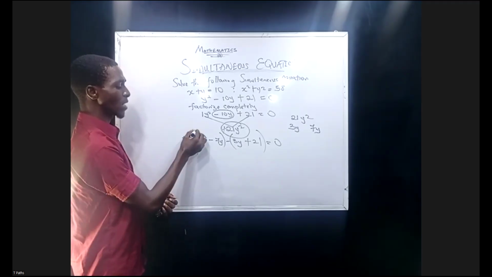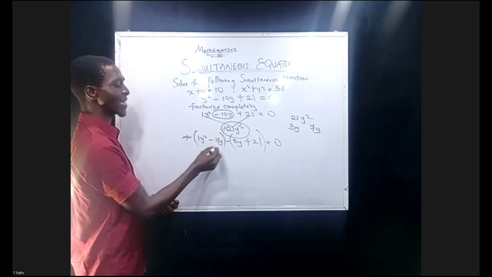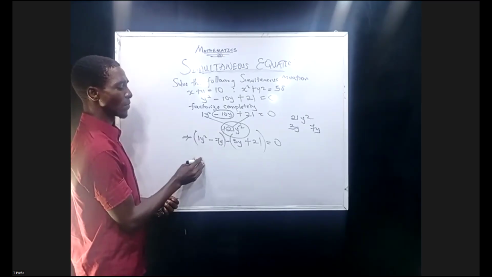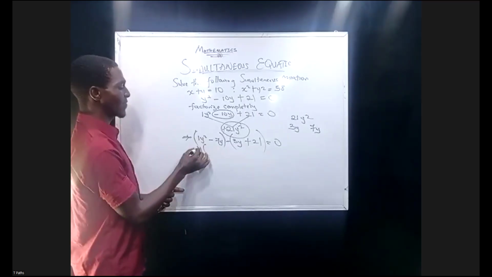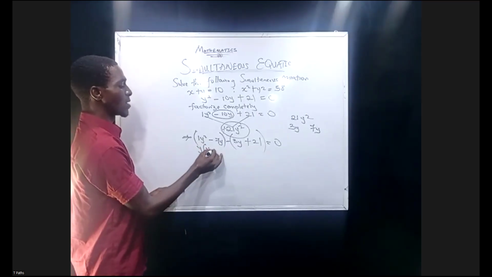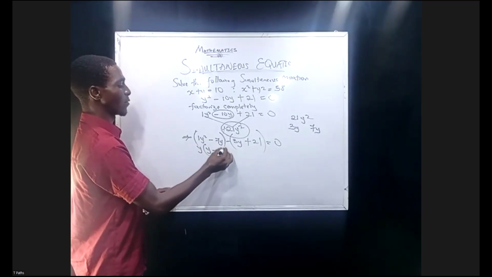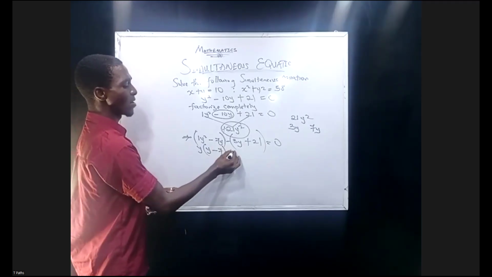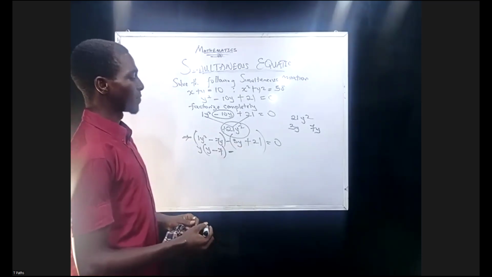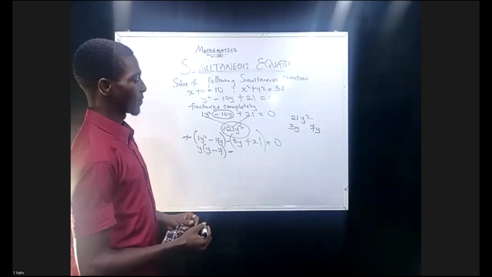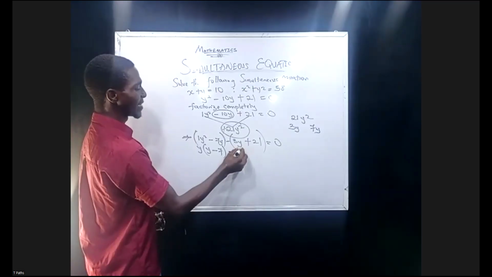Y. It's common between y squared and 7y. Open a bracket. So y squared divided by y, we are left with y. 7y divided by y, we are left with 7. Close it. We have a minus here. What is that thing that is common between 3y and 21? Minus 3. Thank you.